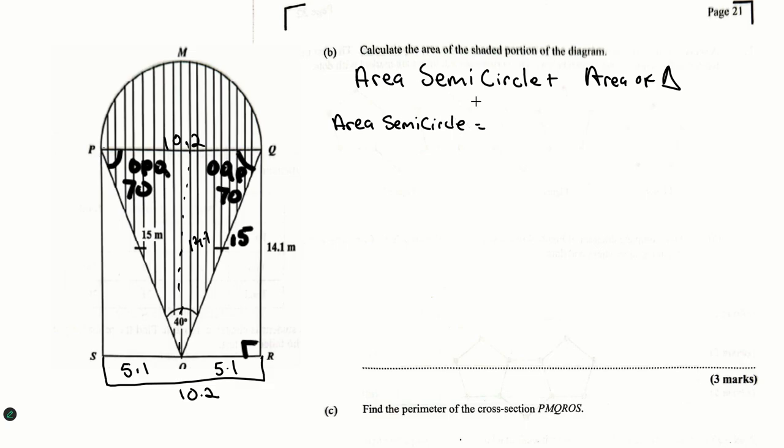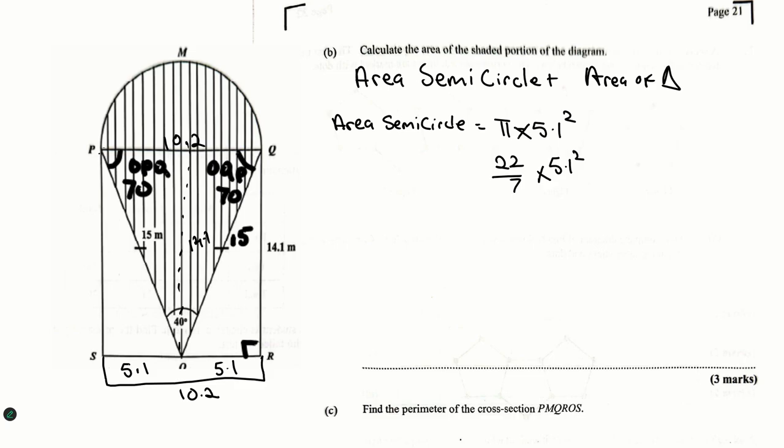The area of a circle is pi r squared, right? Pi, which is 22 over 7, multiplied by the radius. From here to here is your diameter, so your radius would be 5.1 squared. So 22 over 7 multiplied by 5.1 squared.